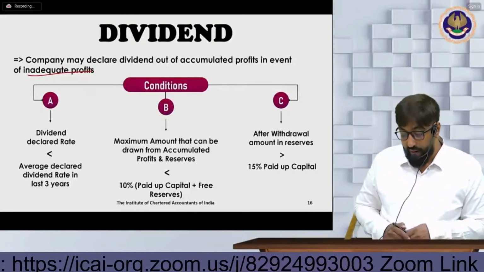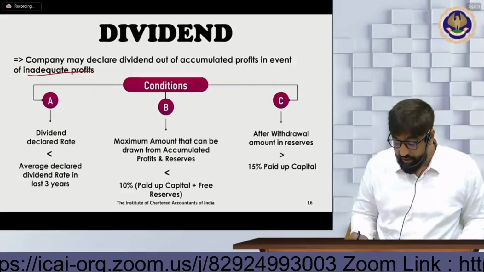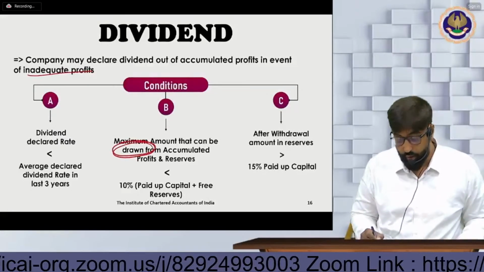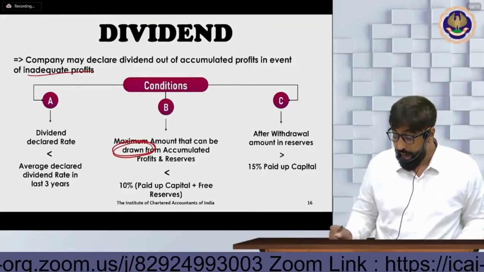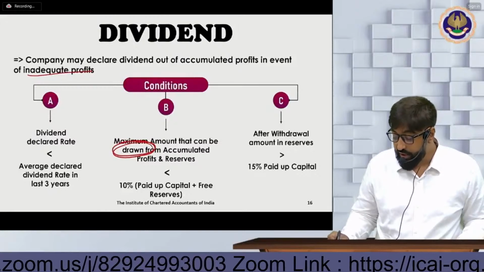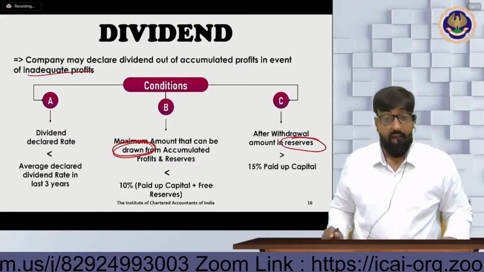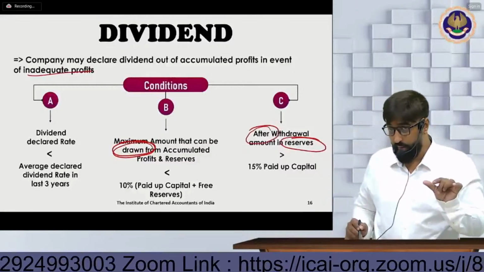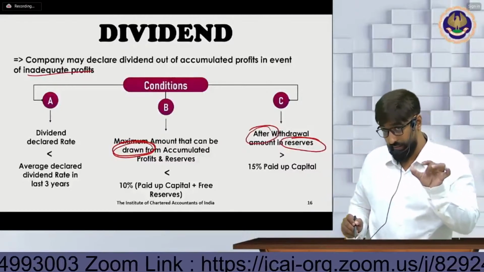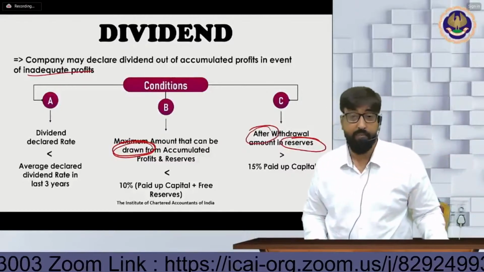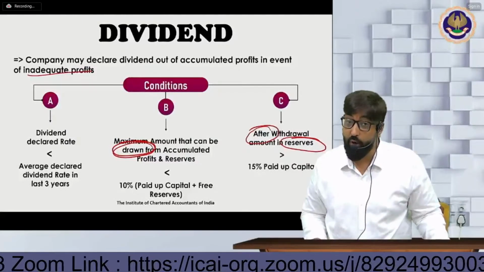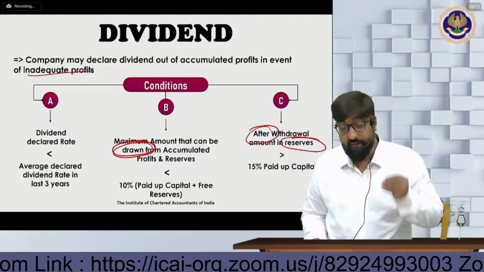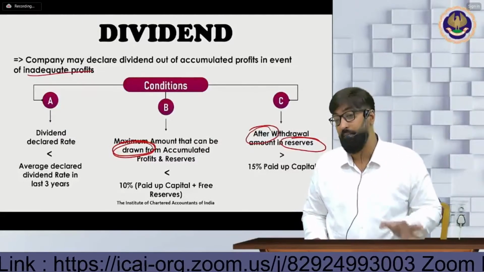So one restriction is on the amount to be drawn, and one restriction is on the amount in reserves after withdrawal. Before withdrawal, the maximum you can withdraw is 10%. But after withdrawal, your balance in reserves must be 15%.